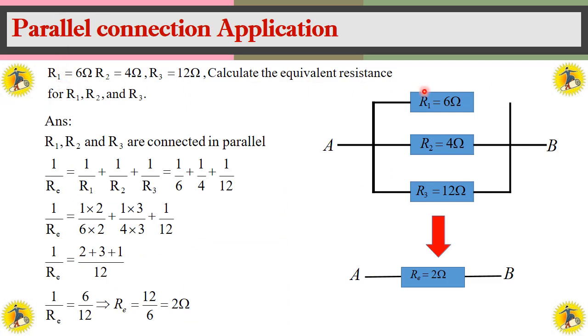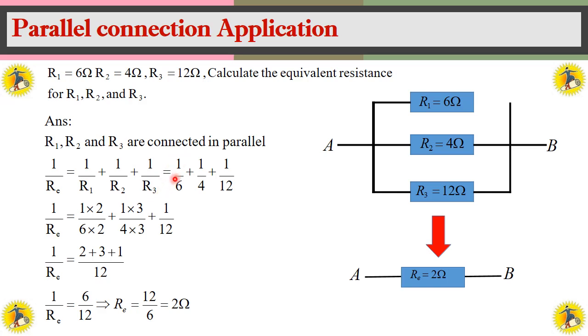Okay, if we have R1 equal 6, R2 equal 4, and R3 equal 12, and they are connected in parallel, to find the equivalent resistance we use the formula 1 over Re equals 1 over R1 plus 1 over R2 plus 1 over R3.